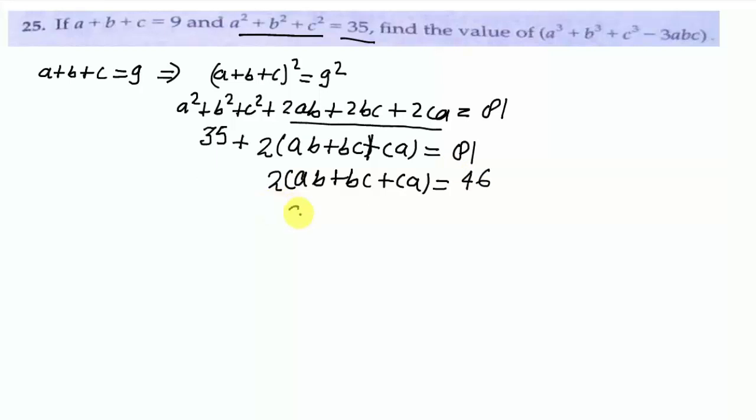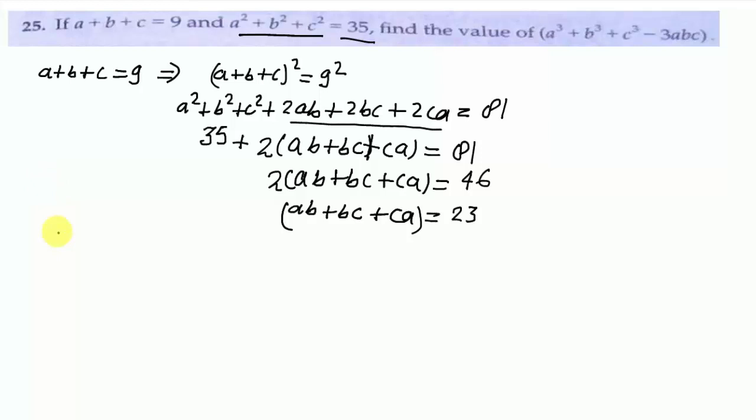So ab plus bc plus ca is equal to 46 divided by 2. So 2 2s are 4, 2 3s are 6. So ab plus bc plus ca is equal to 23.